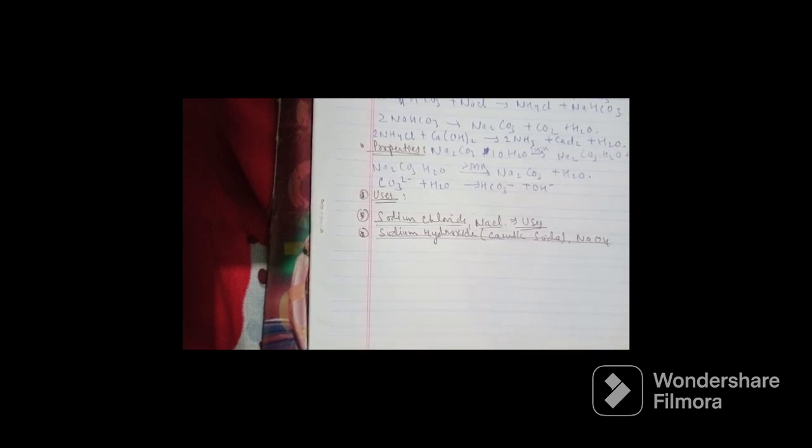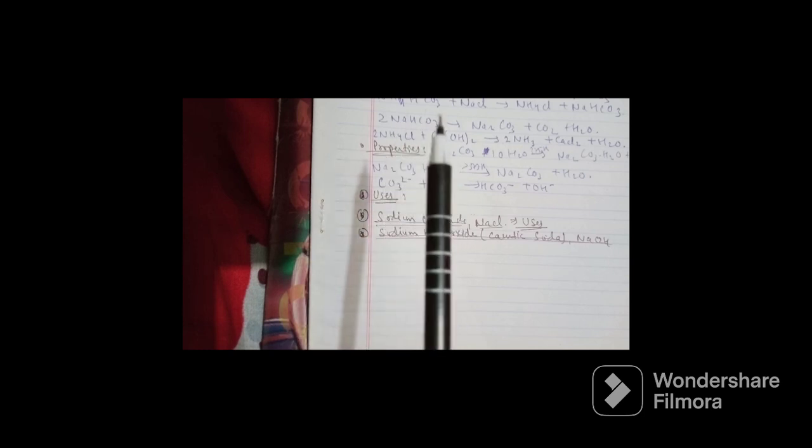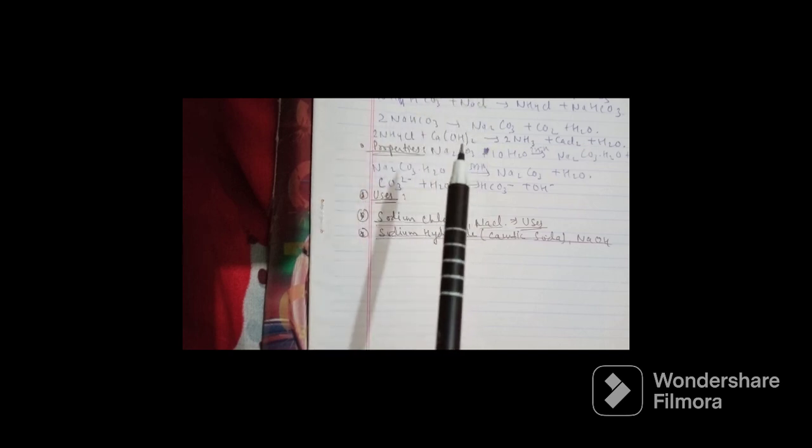Sodium hydroxide is generally prepared commercially by the electrolysis of sodium chloride in the Castner-Kellner cell, where a brine solution is electrolyzed using a mercury cathode and a carbon anode.